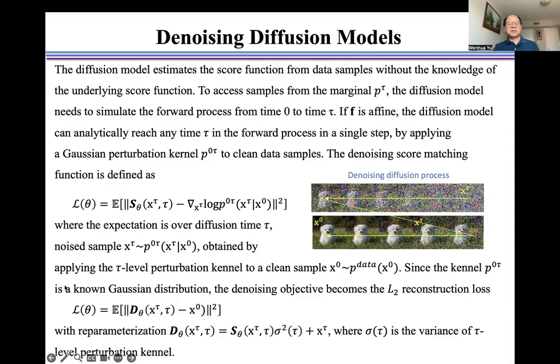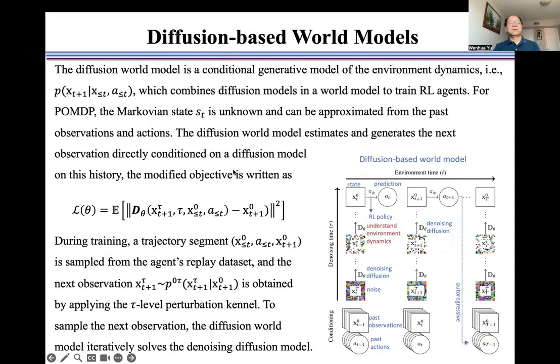Since the kernel P_0tau is a known Gaussian distribution, the denoising objective becomes the L2 reconstruction loss as shown here. With the reparameterization, D_theta is calculated from S_theta and x_tau, where sigma_tau is the standard deviation of the tau-level perturbation kernel.